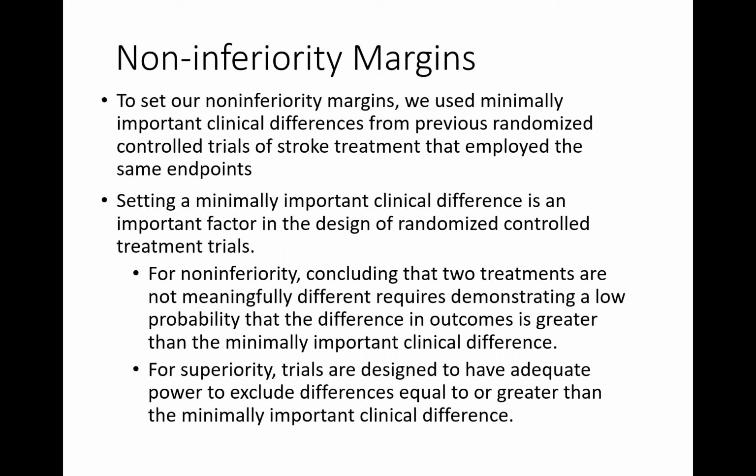For superiority trials, when you do your sample size and power calculation, you set it up so as to not miss a minimally important difference. So you say, okay, I want to compare treatment A to treatment B to see which one's better. But if the trial comes out neutral, I want to be able to say, well, I've excluded the fact that A is more than 30%, 20%, 5% better than B.